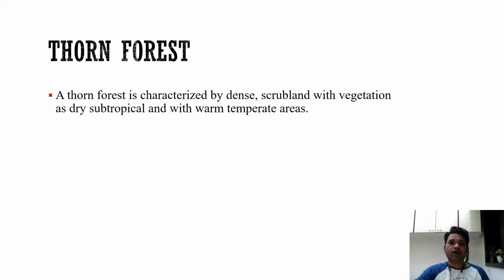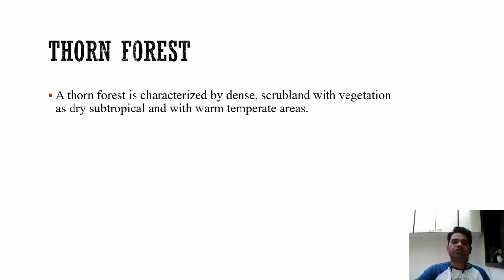The flora over here shows adaptive radiations in the form of conversion of leaves to thorns to conserve water. It is characterized by dense scrubland. The forest vegetation is mostly dominated by shrubs, which are nearly 5 to 6 feet in height, not more than 7 feet, and they are densely vegetated.